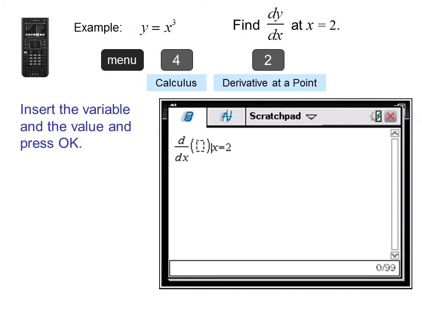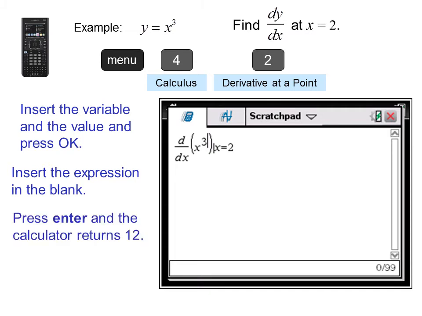Now we have the partially completed derivative template. We just need to insert the expression in the blank and then press enter, and the calculator returns 12.